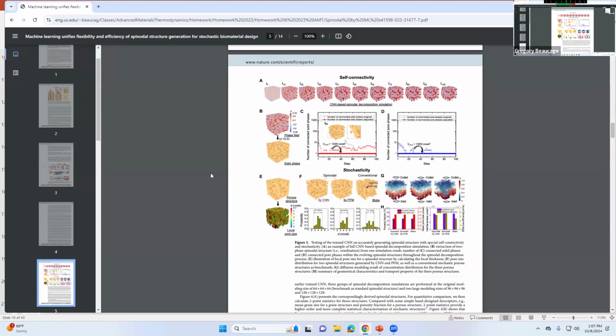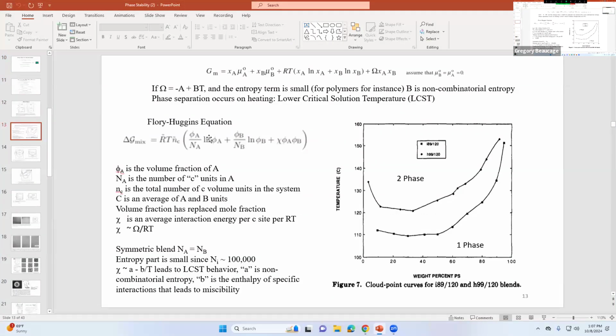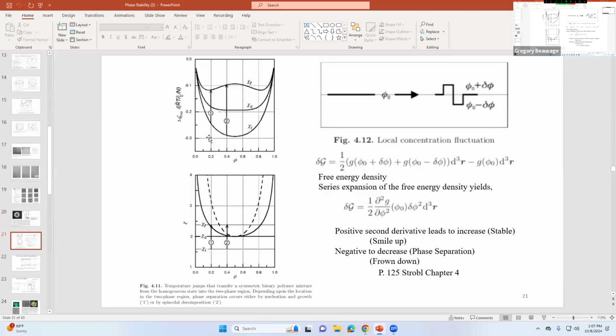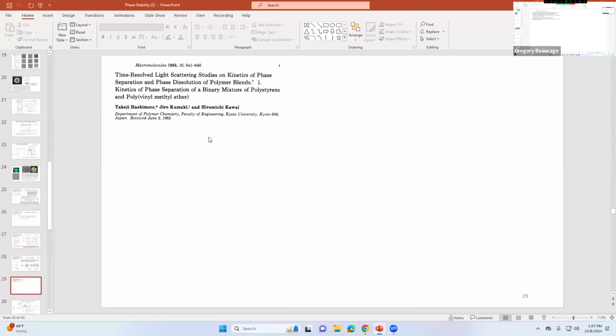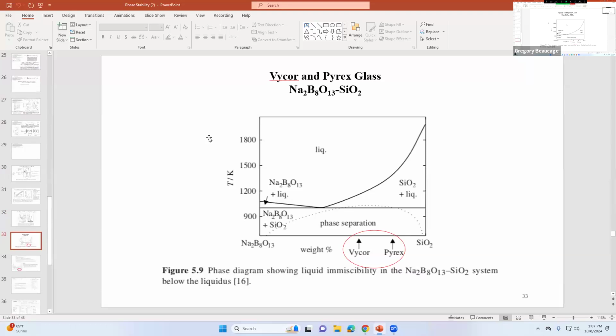So that's similar to what was done with Vicor glass, which is kind of a spinodal glass structure where you phase separate. Vicor glass is very similar to that. So this is a phase diagram for borated silica glass.